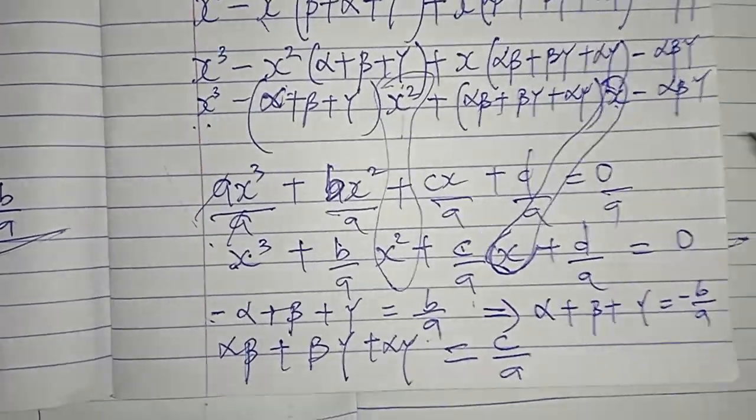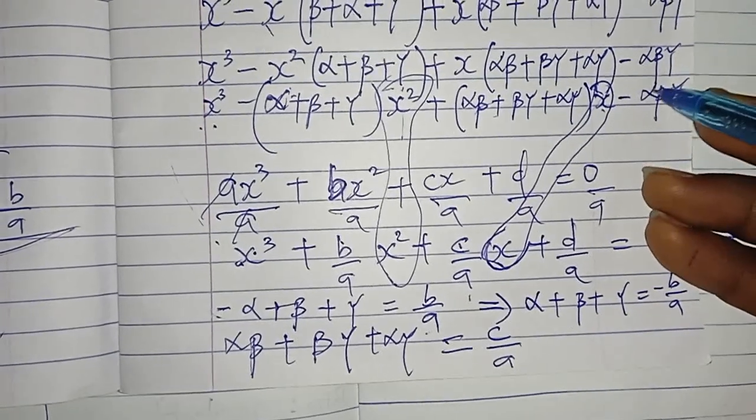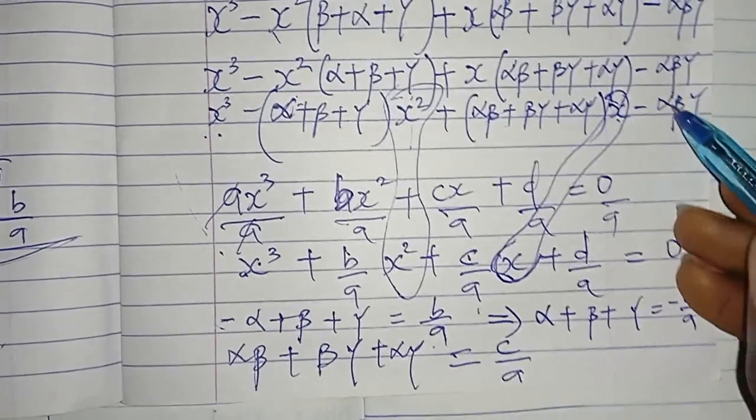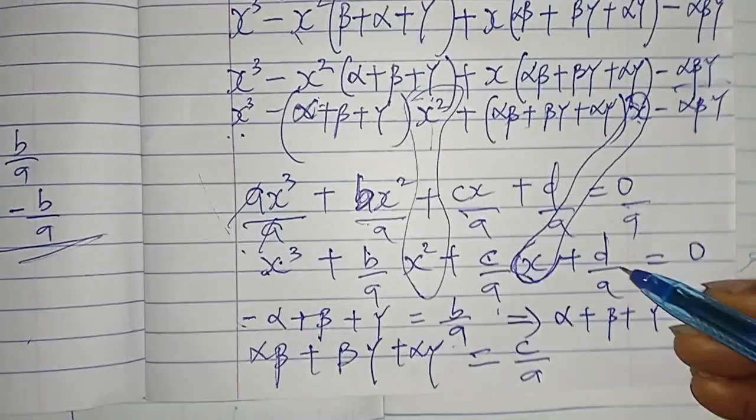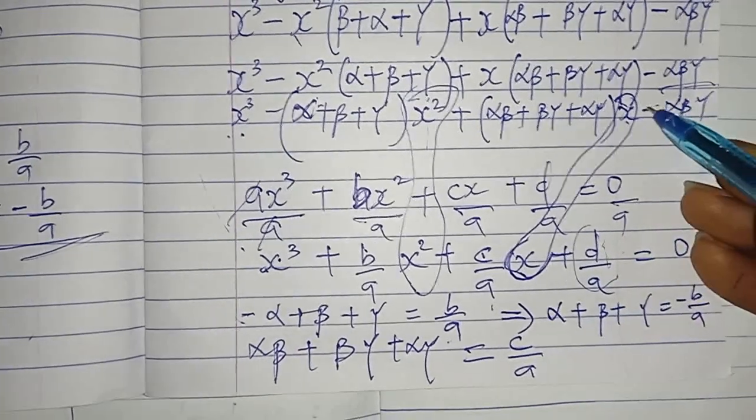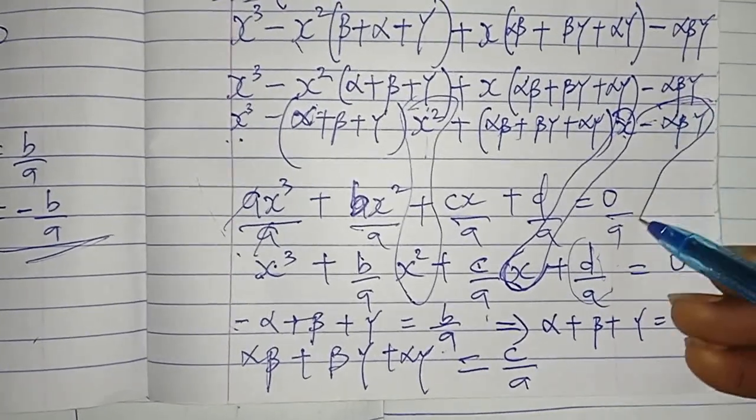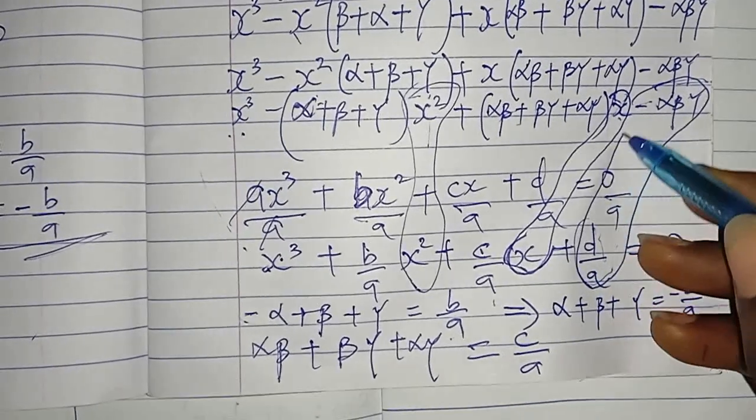So the next one, notice that this is the constant term. There's no x here and there's no x here. Is it not true? And it's carrying minus. So everything here can be likened to what is here.